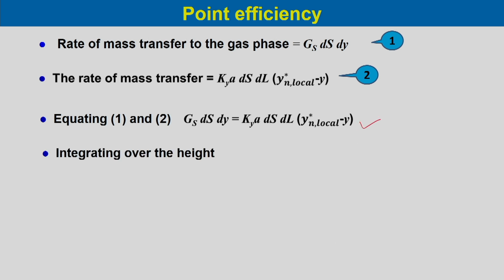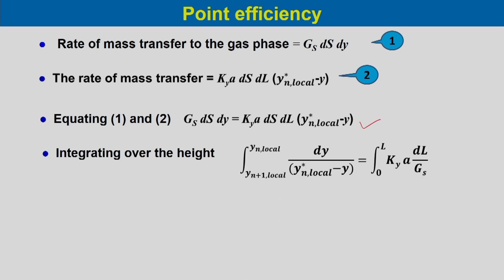So, if we integrate over the height, we get the integral from yn plus 1 local to yn local of dy by (yn star local minus y) equal to the integral from 0 to L of Ky a dl by Gs.